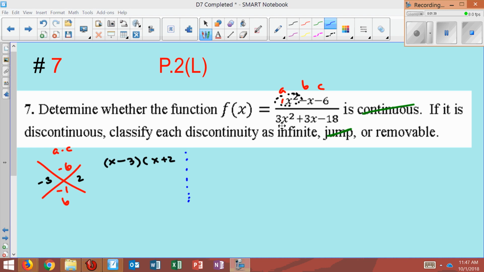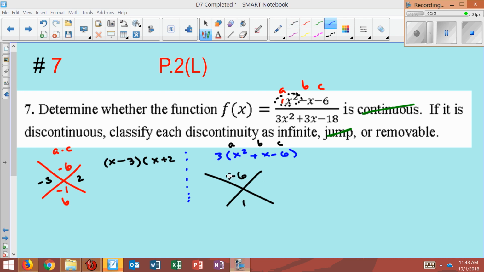As for the denominator, just draw a line here. Notice that there's a GCF. So the first factoring I would do is factor out the GCF, which would leave me with x squared plus x minus 6. So I factored that 3 out all the way across. And now I do the same type of factoring. X method, here's my A, here's my B, here's my C. So factors of -6 add up to +1.